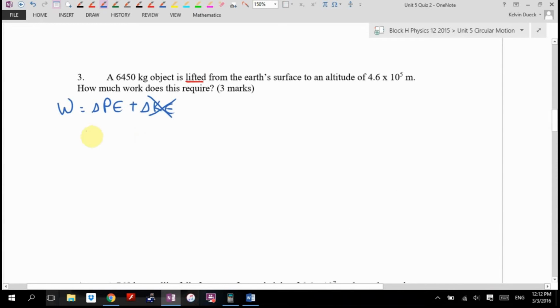What's changing? This is going to be negative big G, big M, little m all over R final minus negative big G, big M, little m all over R initial. I think R initial is going to be our Earth.